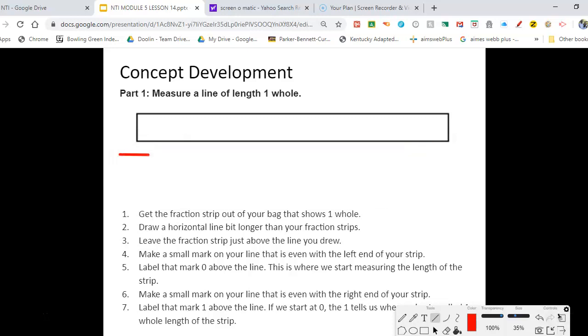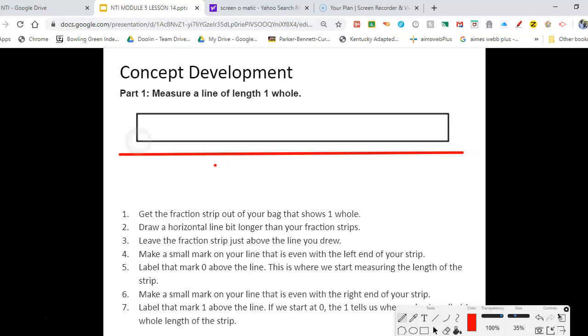Let me try that again. So it's just a little bit longer. Now, on that number line that's just a little bit longer, I want you to make a small mark on the line that is even with the left end of your strip.